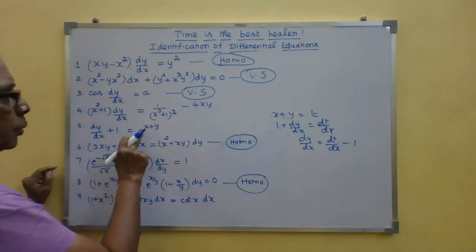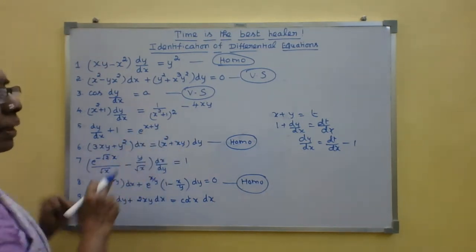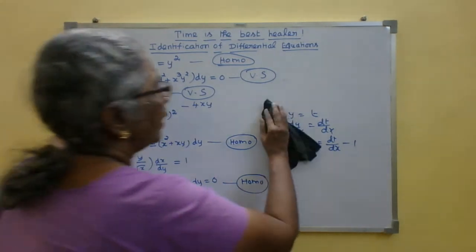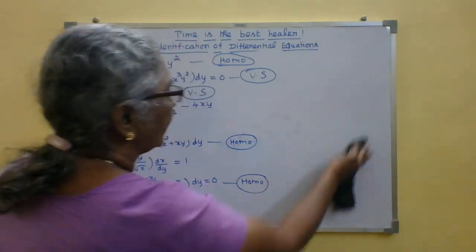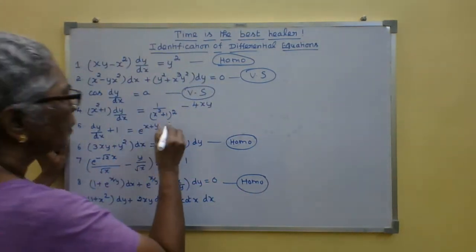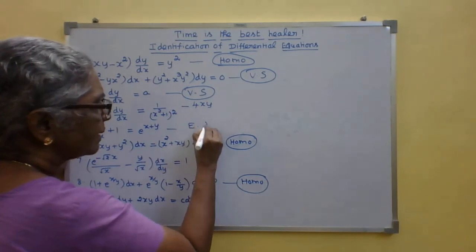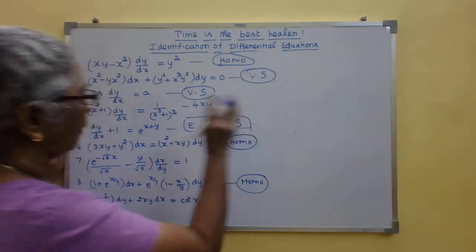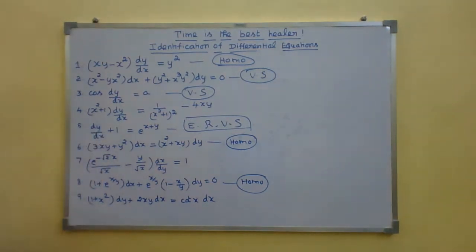That will be equal to e power t minus 1. Okay, and then you can proceed. It will become a variable separable type. So this is equations reducible to variable separable type. So that is over for me.